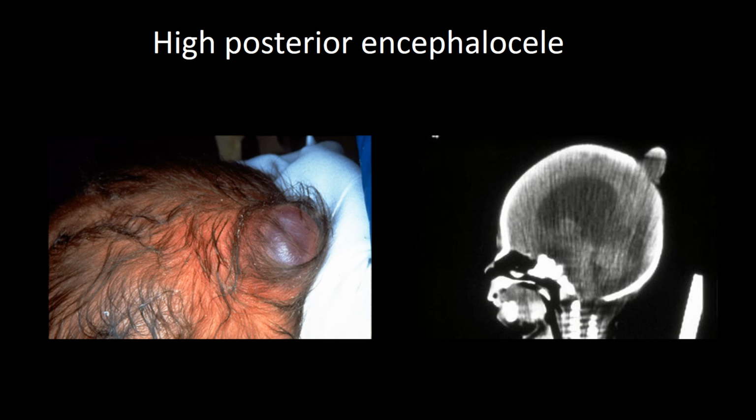In this frame, I have introduced a new patient with a high posterior encephalocele. Notice that the encephalocele is smaller and higher than the prior case I showed you. Notice the location of the encephalocele in the MRI. As you can see, this patient also had hydrocephalus.